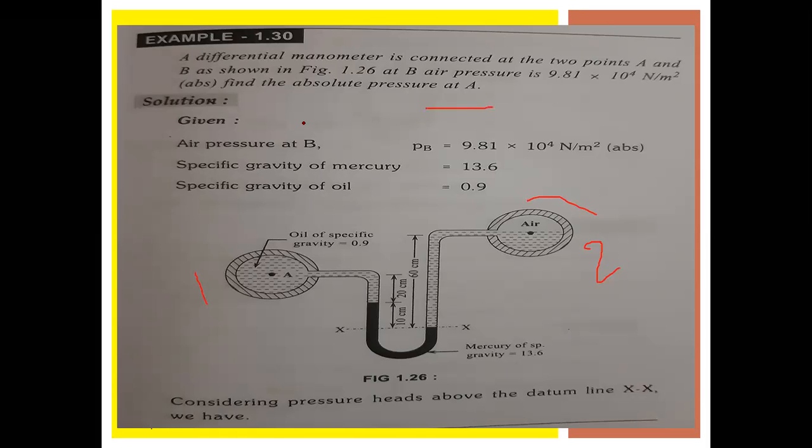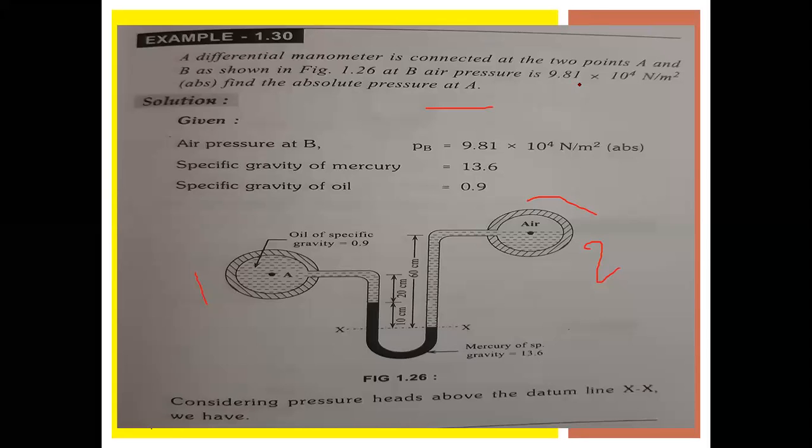So what is given here? The air pressure at B, PB, is 9.81 into 10 to the power of 4 Newton per meter square.